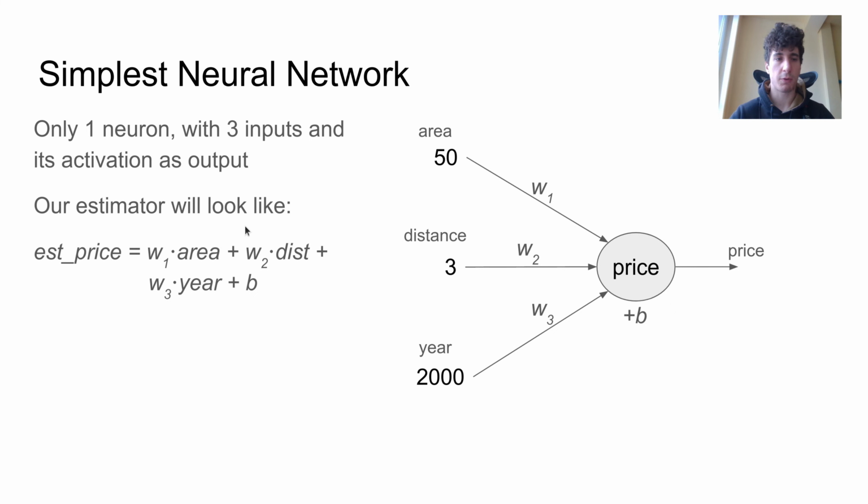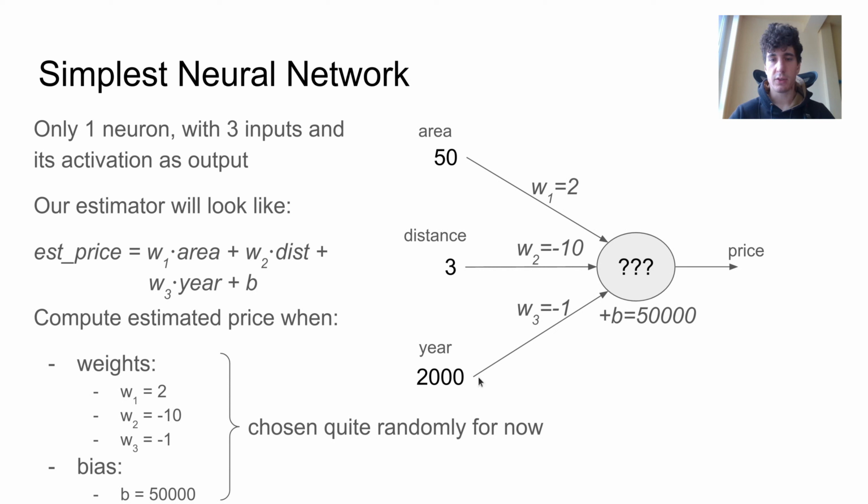This will be our formula for the price. It looks quite simple, and it is, but it's a good starting point. So this is our estimator so far. Now remember that the weights and this bias are constants. Don't worry about them, they are just numbers.